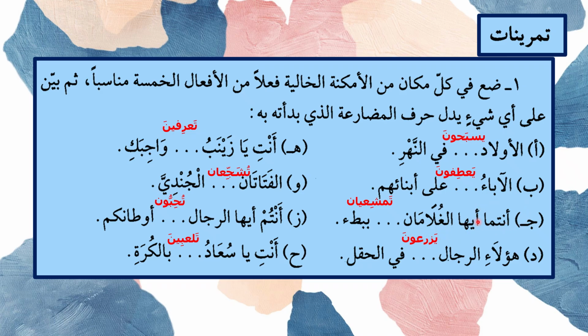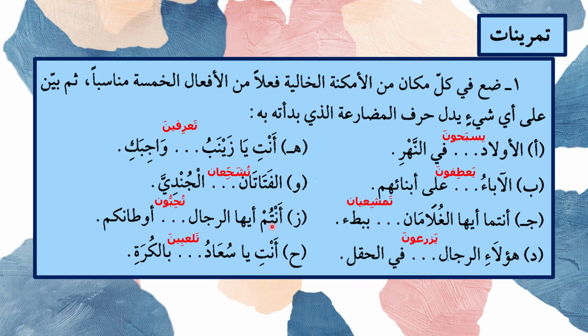This gives you the clue that whatever fail you are going to choose, you will choose for the dual. And antuma, the ta tells you you will choose the dual for the mukhatib. Ayyuhal ghulaman. This ayyu, the calling tool, tells you you are mukhatib. So, tamshian, which of you two are walking?